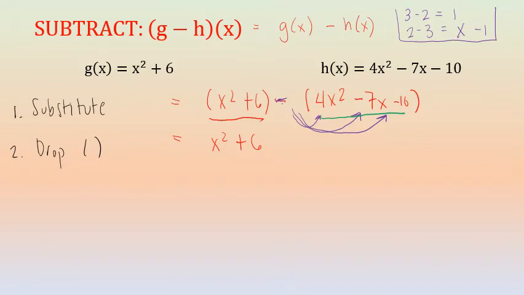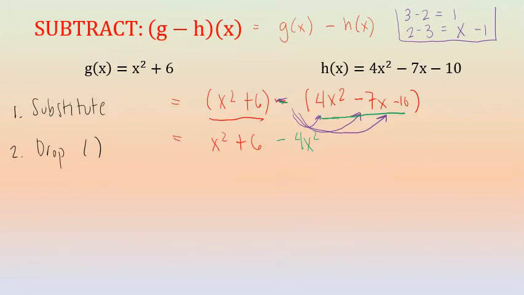Okay, paano yun? So negative, since we're subtracting, negative times positive 4x squared. What is negative times positive? That will give us negative. So negative 4x squared.